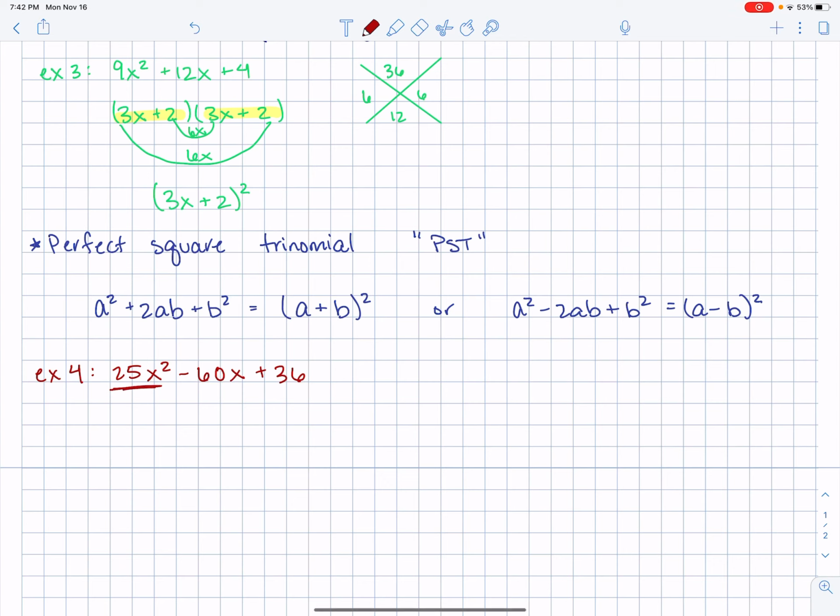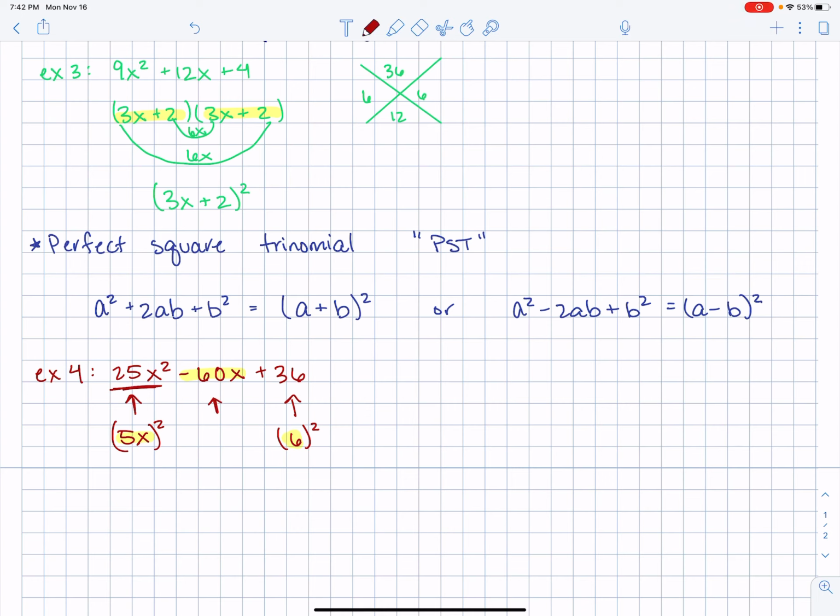This guy right up here at the front, this guy is a perfect square. Its perfect square is 5x, right? This guy at the back also has a perfect square. It's 6 squared. Now here's the check that you want to make for your perfect square trinomial, and this is key: your middle term has to be 5x times 6, that's 30x, times 2.